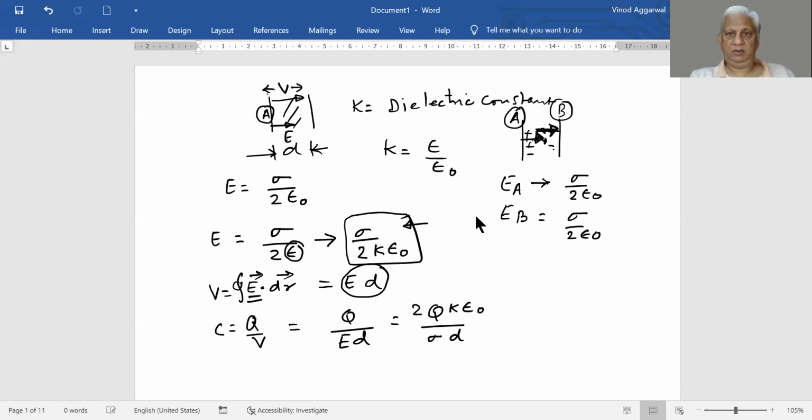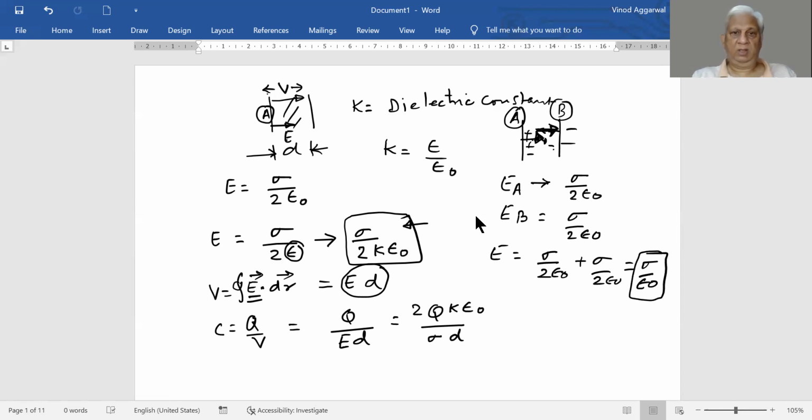Since both are in the same direction, the total E is equal to sigma by 2 plus sigma by 2.